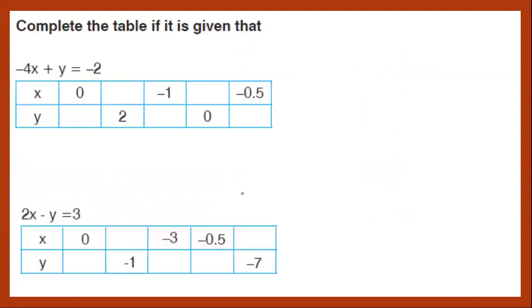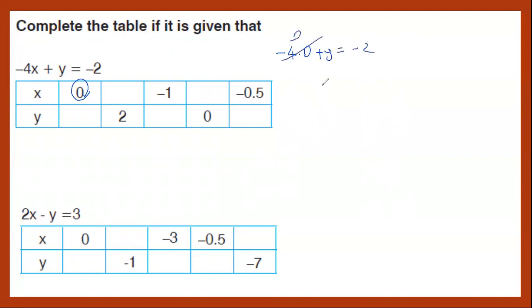You see, this type of question, what they do is that they want you to place those values. For example, this means you put 0 instead of x and find the value of y, which gives you negative 4 times 0 plus y equals negative 2.